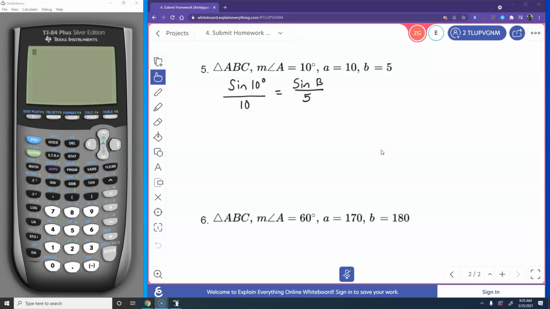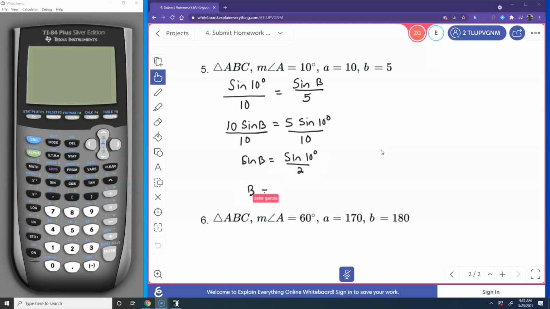And now our next step is to cross multiply. So we have 10 sine of B is equal to 5 times the sine of 10 degrees. Divide by 10. So we have sine of B is equal to 5 over 10, which is a half. So it's actually sine of 10 degrees divided by 2.